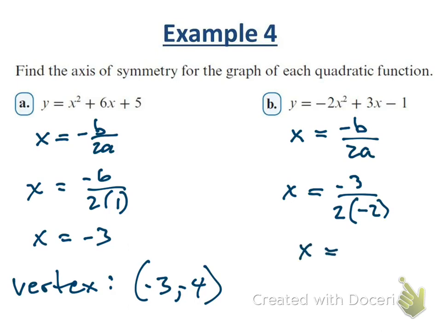So x equals -3 over -4 is positive 3/4, right? So there's my axis of symmetry. Keep in mind the axis of symmetry is a vertical line, so it's always an equation. It's not just 3/4, it's x equals 3/4. It's a vertical line through 3/4.